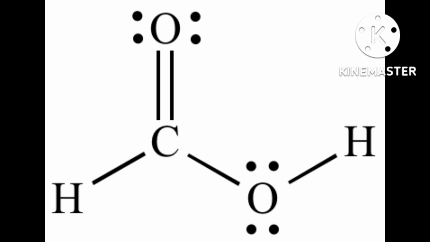For the third one, only 2 electrons, because they make only a single bond. Half of 2 is 1. So it became 6 minus 6 minus 1, the 6 minus 6 cancels, and only minus 1 remains. This is how to calculate formal charge.